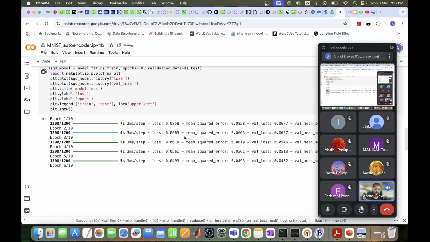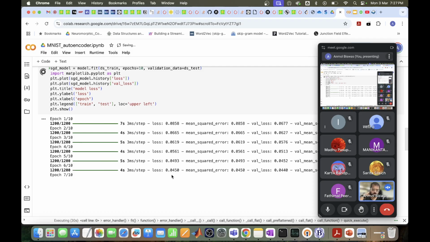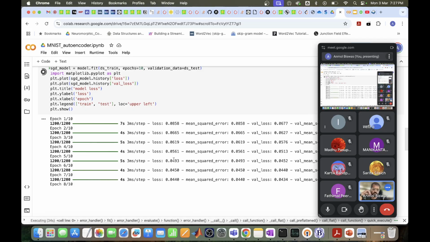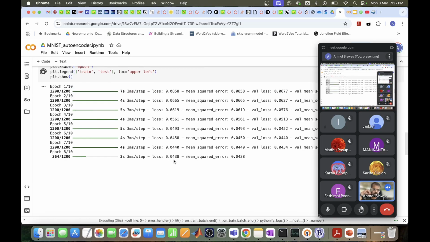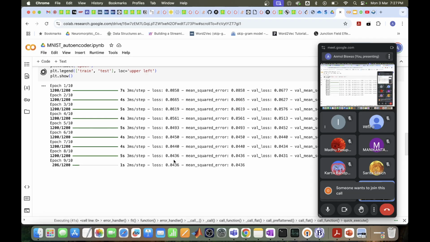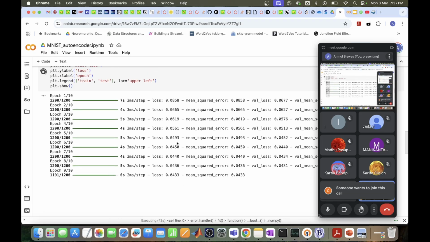It's not stuck at that 0.067 value anymore. It is going down to 0.045 or something. So hopefully we can see slightly better output. But even then, it's kind of saturated at this 0.04 value.